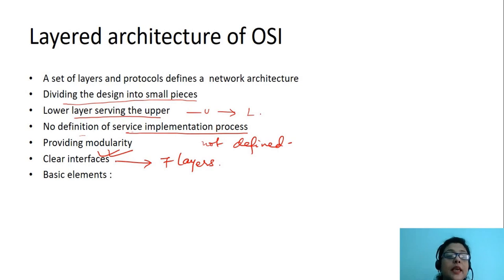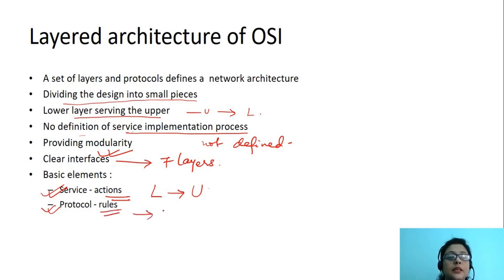So what are the basic elements of the layered architecture of OSI? Number 1 is service. Service means actions. What actions are being taken by the lower layers to serve the upper layers? Next is the protocol, or the rules.